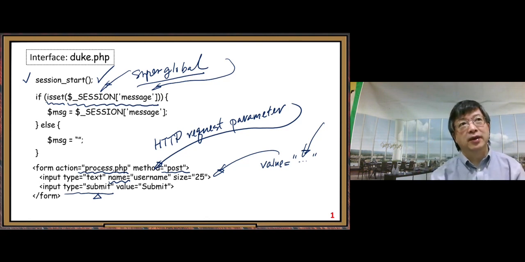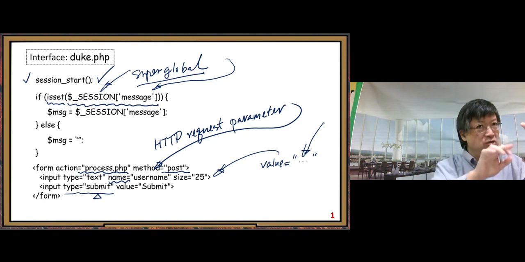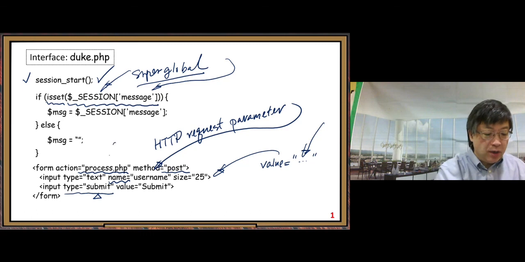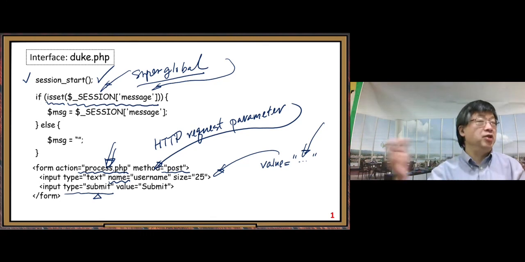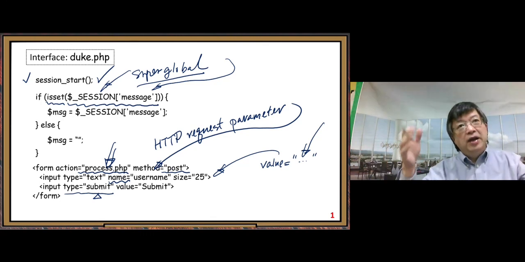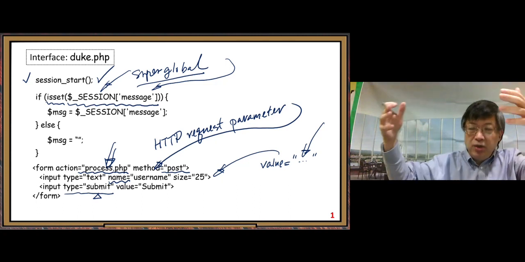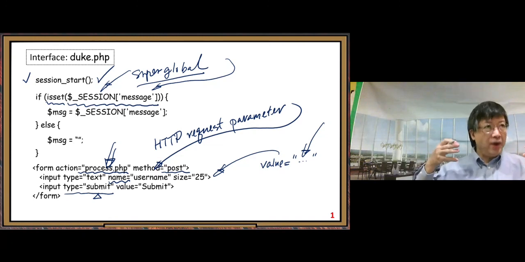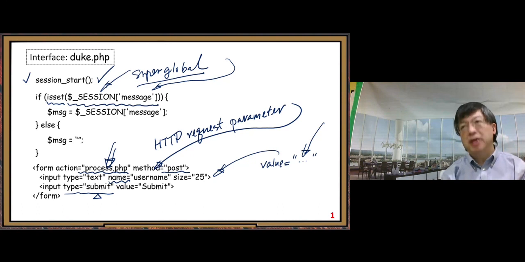Now you can imagine the user clicks this button and submits data to the back-end PHP data processing file. Next slide, we will look at the process.php. After data processing, it will return the request to this page another time.